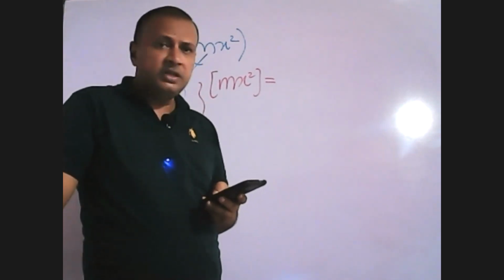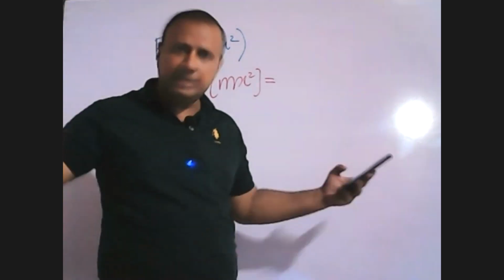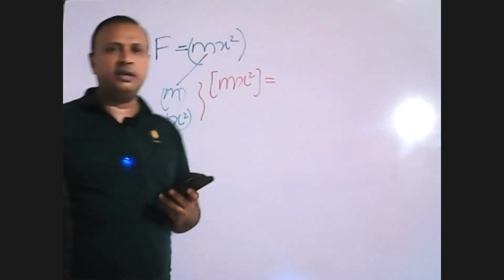If the dimensions of each and every term are not the same, then you can say this equation is incorrect. This is incorrect. Okay? If it is incorrect, you can say directly that it is incorrect.